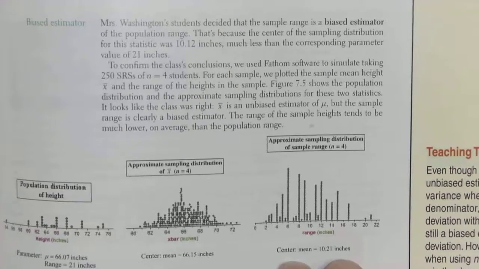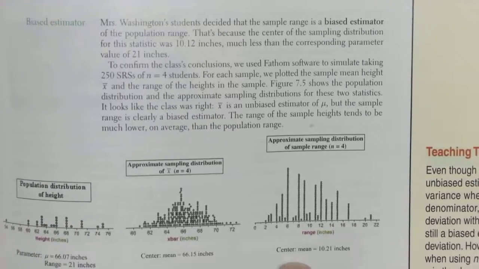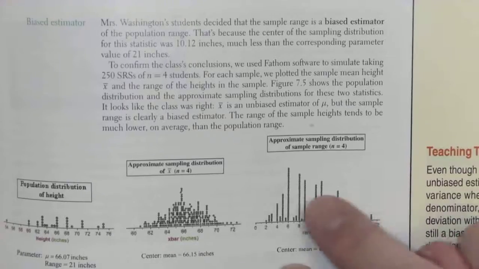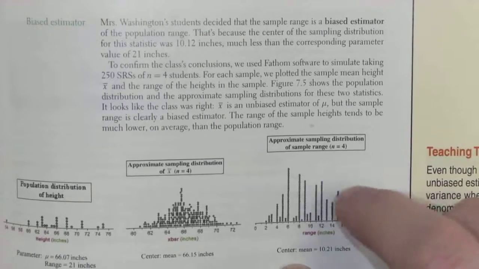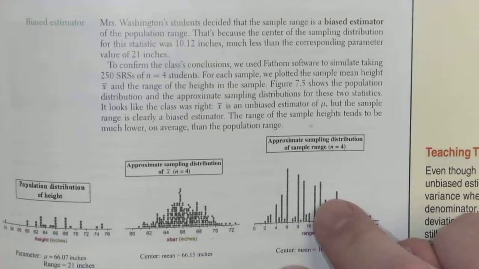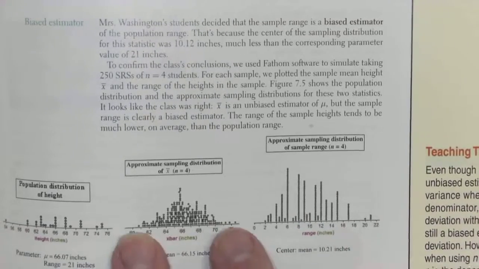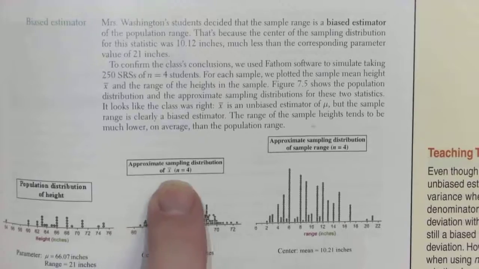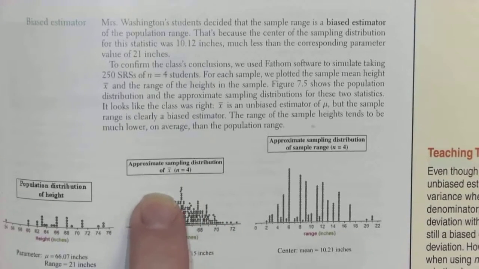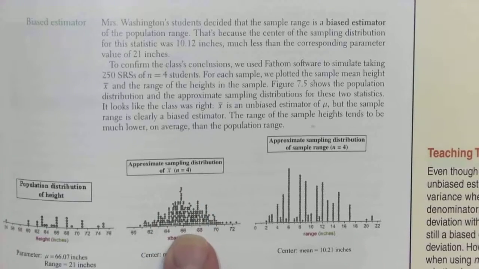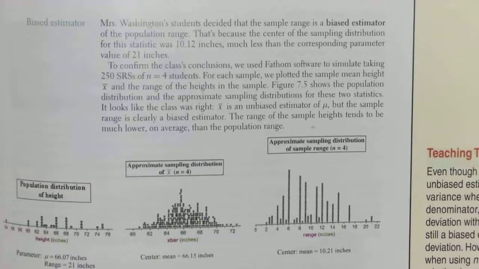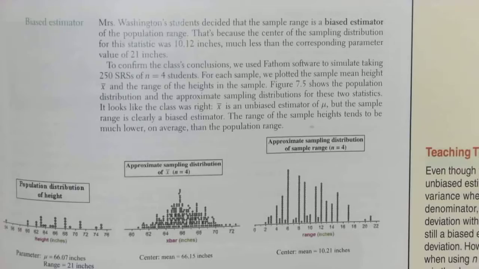So they were not far off, right? It's very, very close to that. However, it is not very close to the actual range, which is 21. So still, this one is biased, and the mean is unbiased. And it shows you the distribution here, centered at the same spot, and so on.